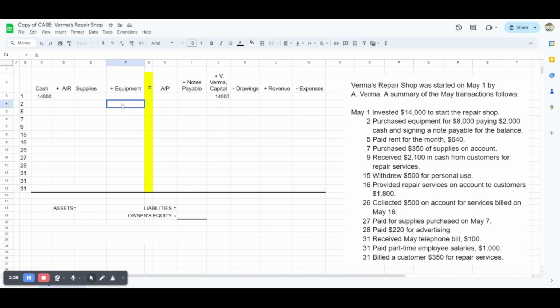You're just getting an asset into your company, and we record on the equation analysis sheet what it's worth, not what you paid for it. Here it says purchase equipment for $8,000, but it says paying $2,000. What it means is it's worth $8,000. So we're going to put what it's worth right now.